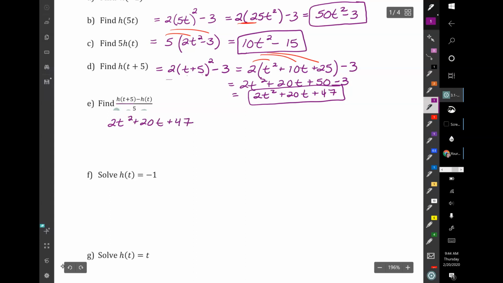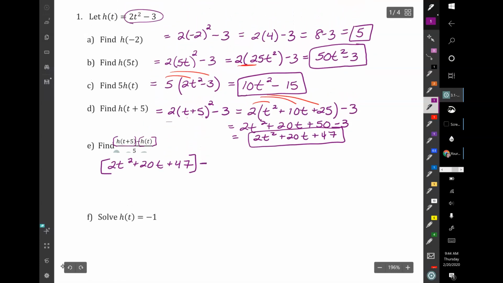If I hadn't, I would have done it all out like I showed you there. And then make sure you put some good brackets around this chunk, this half. And then subtract the h of t, which is our plain function, 2t squared minus 3.